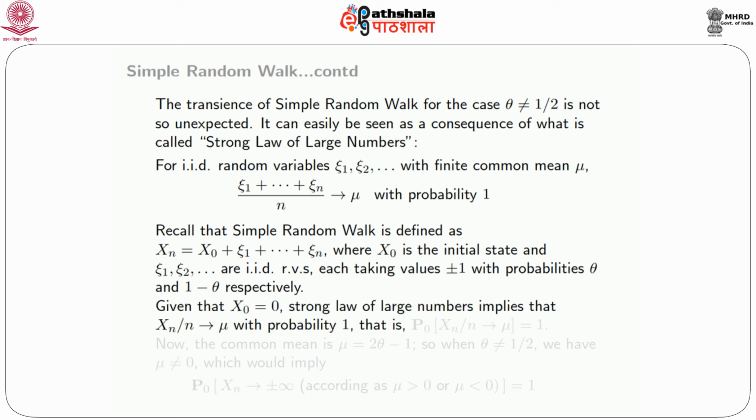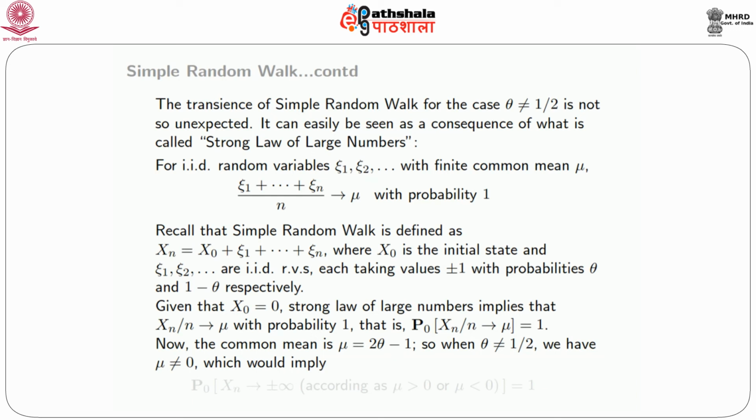Now given that X0 equals 0, the strong law of large numbers would imply that Xn over n would converge to mu with probability 1, where mu is the common mean of the xi's. Now the common mean of the xi's, which take the value plus or minus 1 with probabilities theta and 1 minus theta, is 2 theta minus 1.